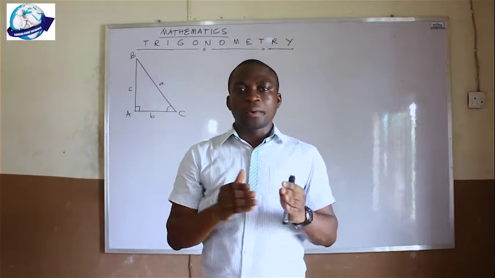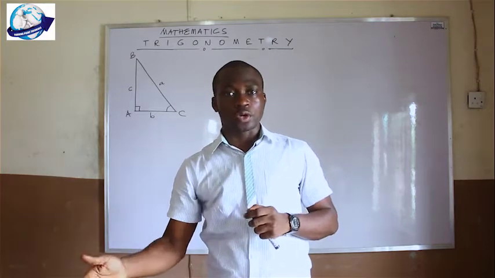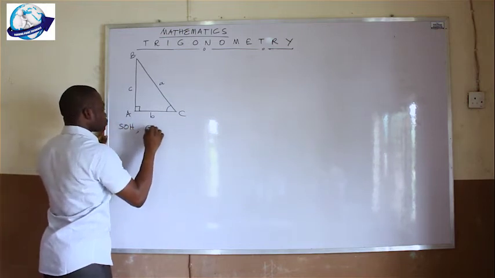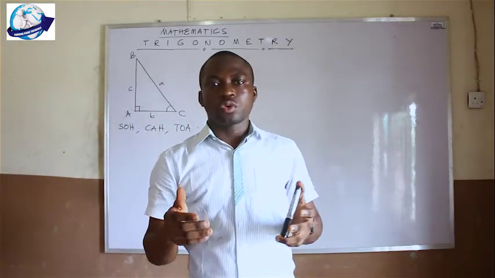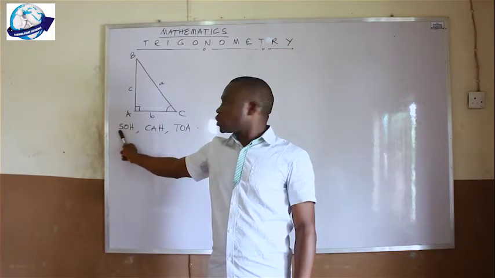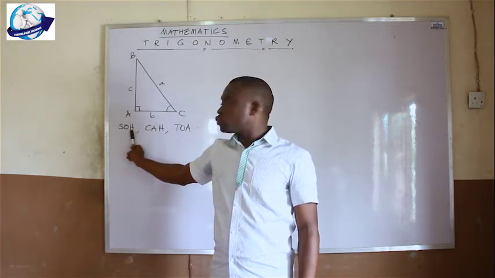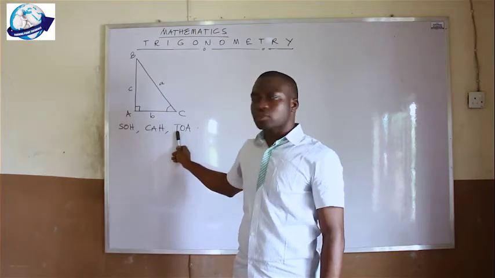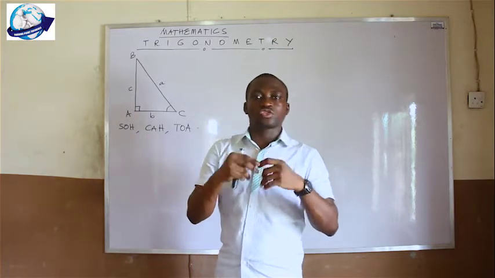If you go back to your JSS classes, you have heard of an acronym called SOHCAHTOA. SOHCAHTOA simply means: S standing for sine, O for opposite, H for hypotenuse, C for cosine, A for adjacent, H for hypotenuse, T for tan, O for opposite, A for adjacent. Let us write that just as a reminder.